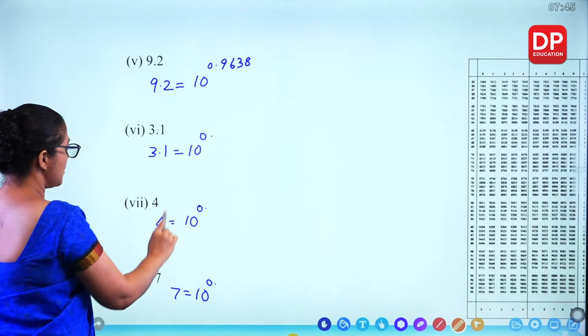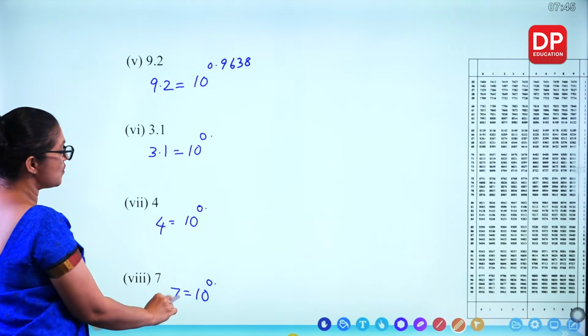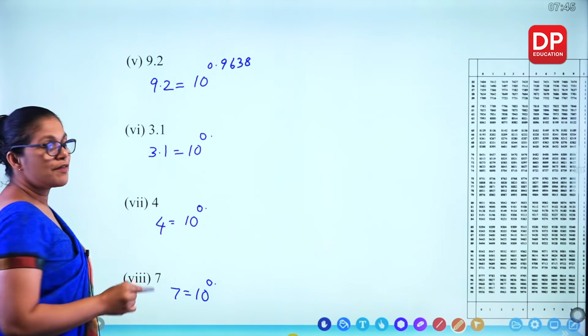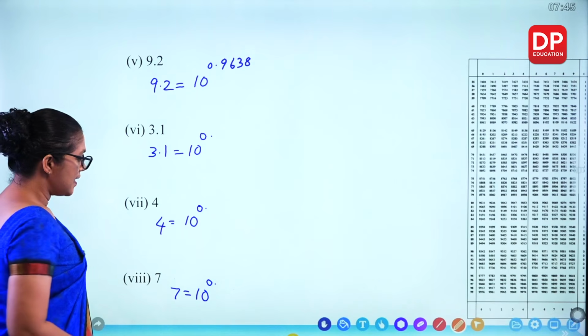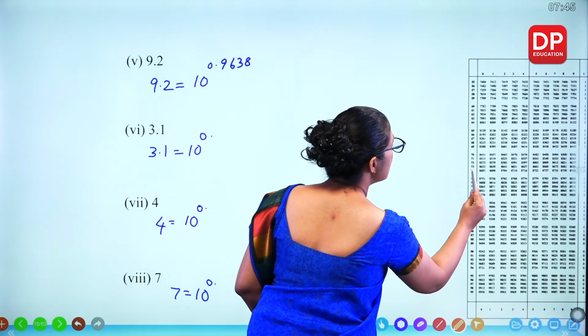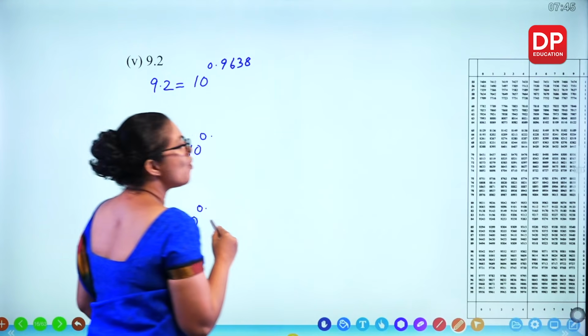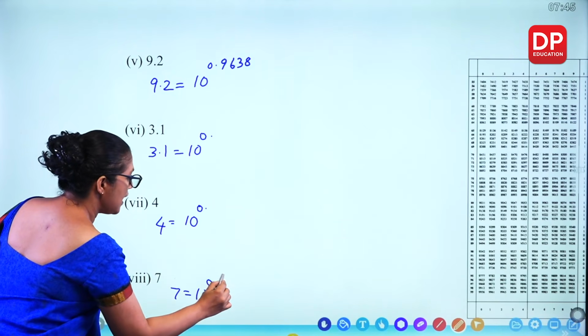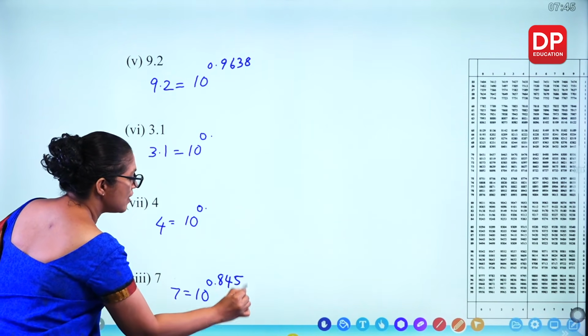Then I'll do this one because we have to refer to the second table. This is 700. 700 is 8451.